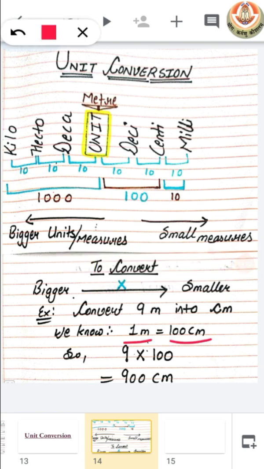We know that 1 meter contains 100 centimeters. Keep in mind that 1 meter is equal to 100 centimeters. So that is why we multiply 9 with 100 and we get our answer.